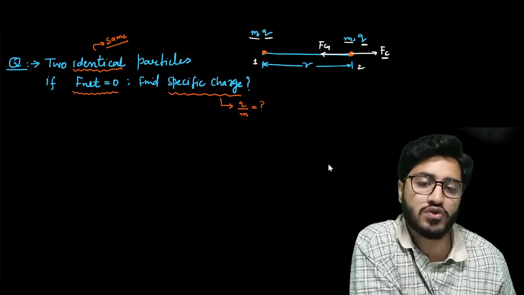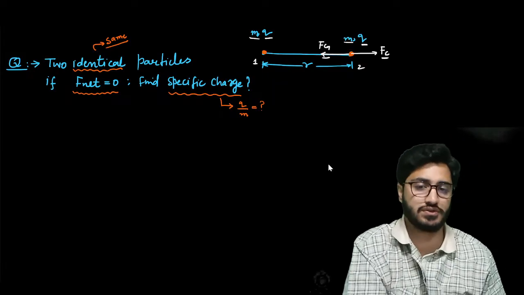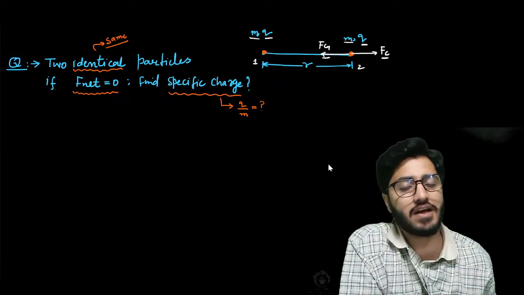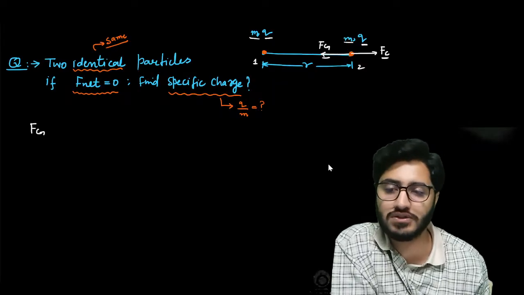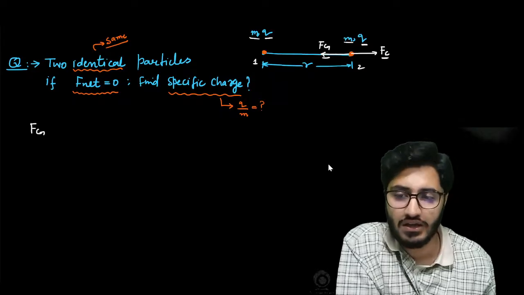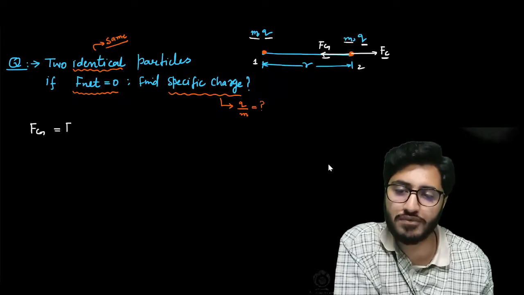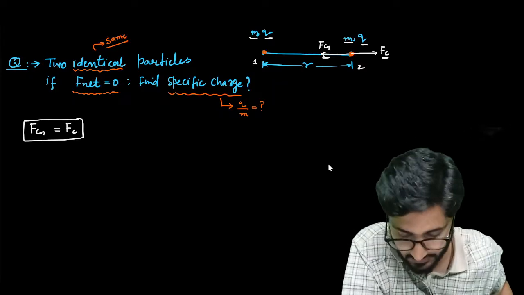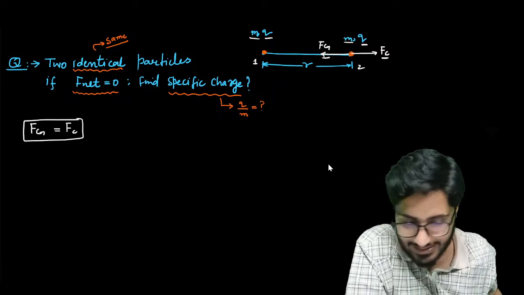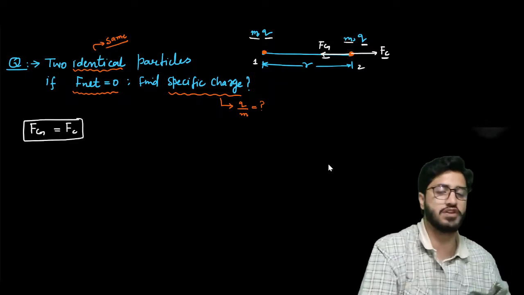So how many forces do we have? Sir, we have two forces, Fg and Fc. So I will write, sir, gravitational force should be equal to Coulomb's force. Then only in this particular condition, the F net would be 0.